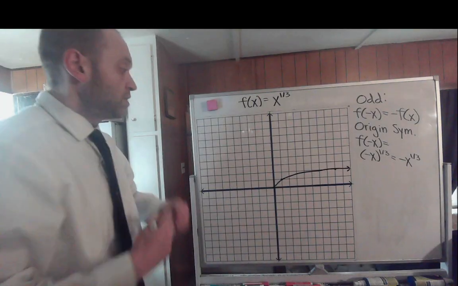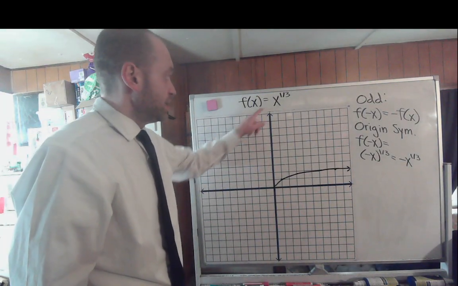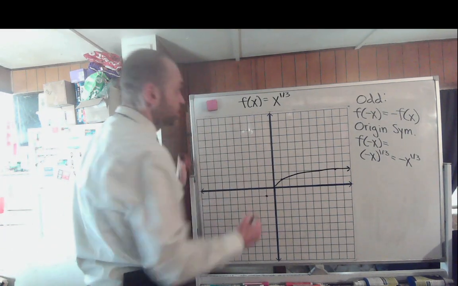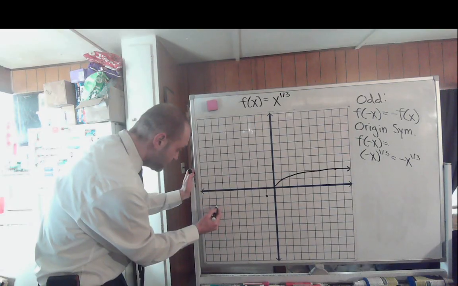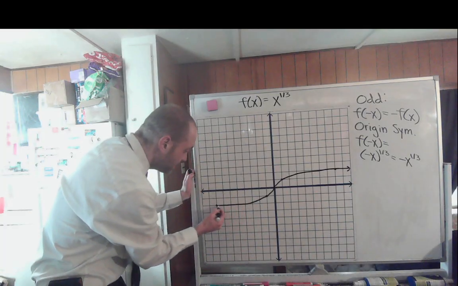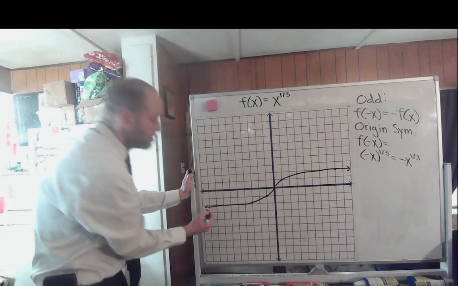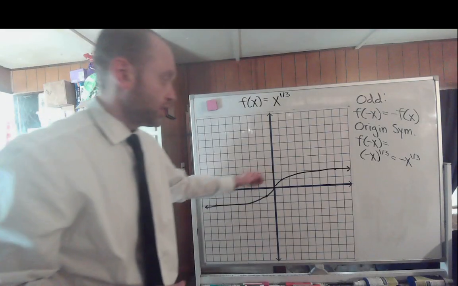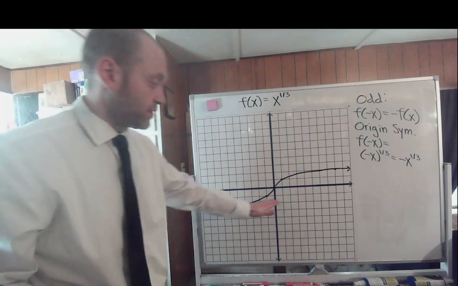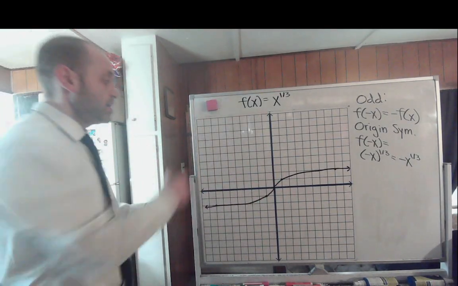Now, what about if I put a negative 1, that would give me negative 1. If I put in negative 8, I would be at negative 2, and it goes a lot like this, and it keeps going further down. Notice that symmetry with the origin. That's exactly what you have. It's perfectly symmetric with the origin if it's an odd function.